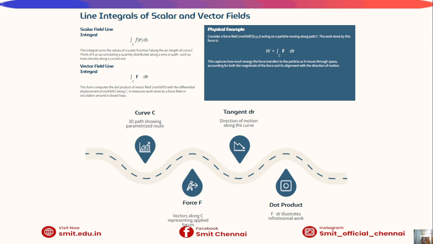This represents the work done. The dot product ensures that only the component of the force in the direction of motion contributes to work. If the force is applied perpendicular to motion, no work is done. This idea is very important in electromagnetics when analyzing electric forces on charges.